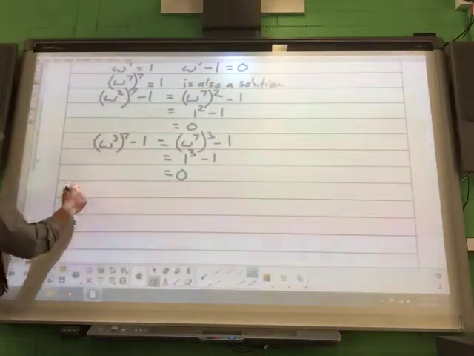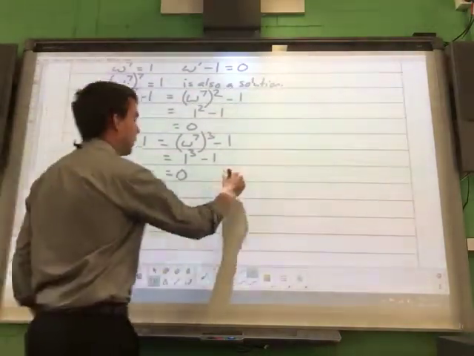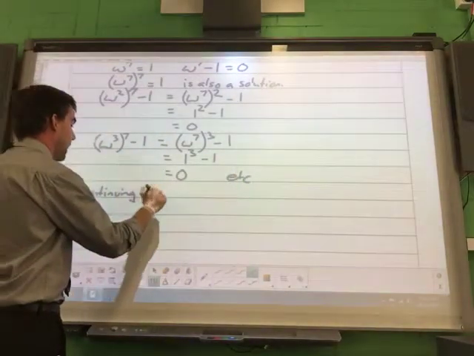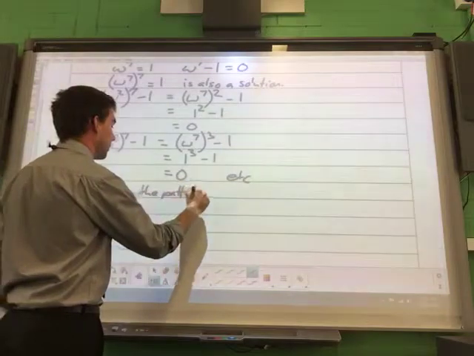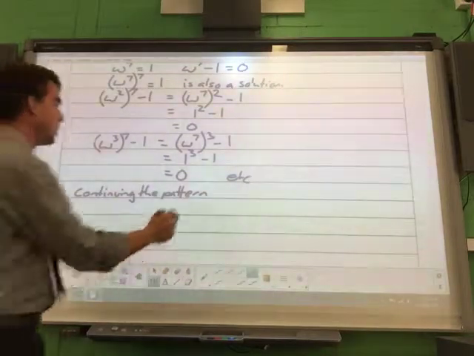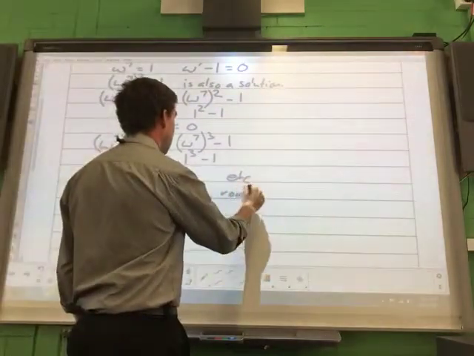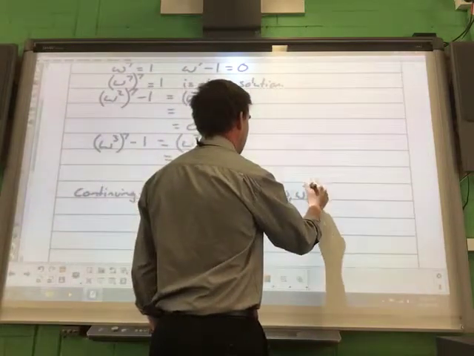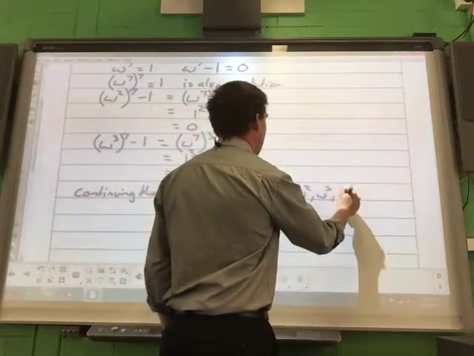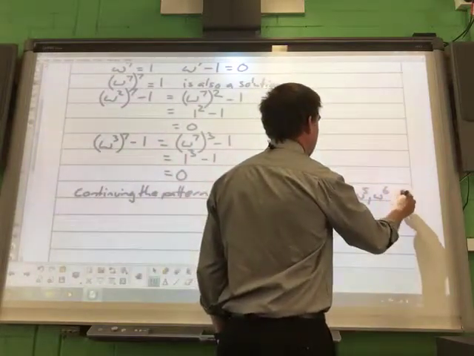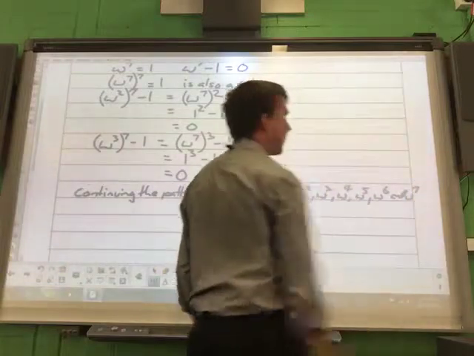So the roots are omega, omega squared, omega cubed, omega to the power of 4, omega to the power of 5, omega to the power of 6, and omega to the power of 7.